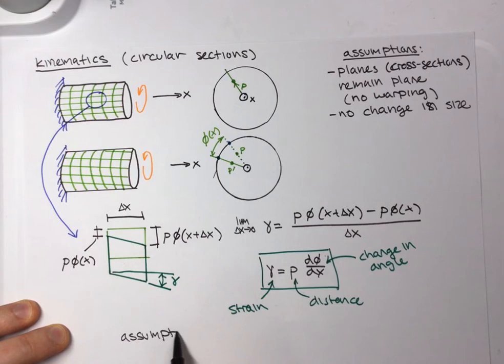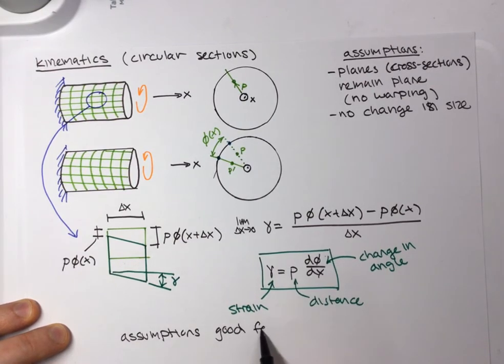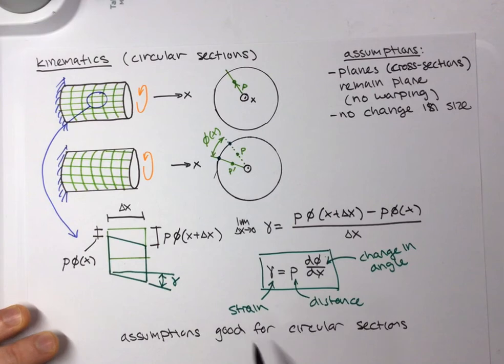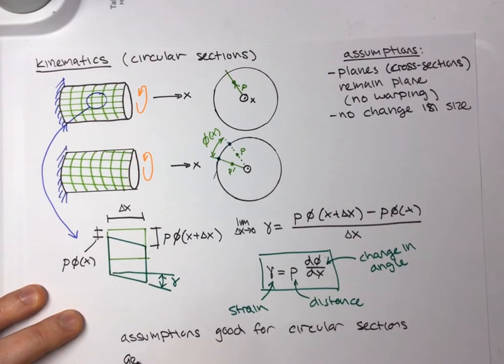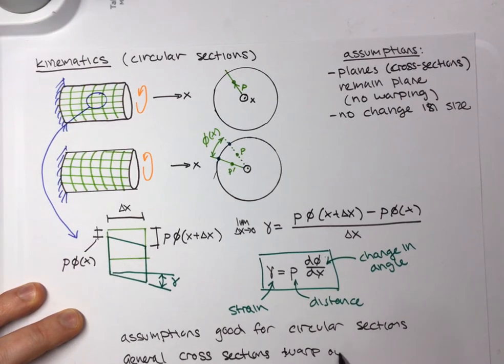So our assumptions are good for circular sections. And if you have a general cross section, they will warp out of plane.